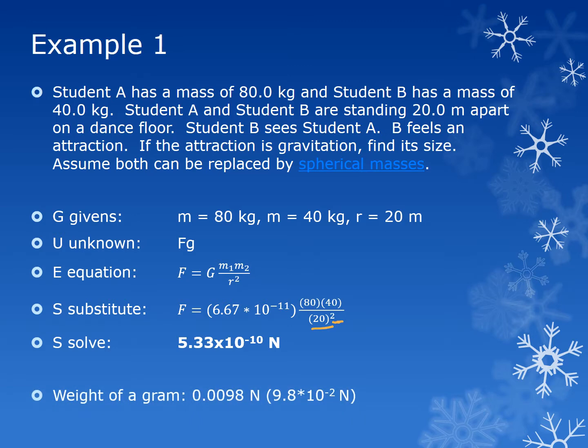So the force of gravity on a gram should be 0.0098 newtons, or if we want to put it in scientific notation so that we can compare it to our answer, then it would be 9.8 times 10 to the negative 2. That's significantly bigger than the answer that we got for the force of gravity between the two students. So this is a very, very small, very unnoticeable force.